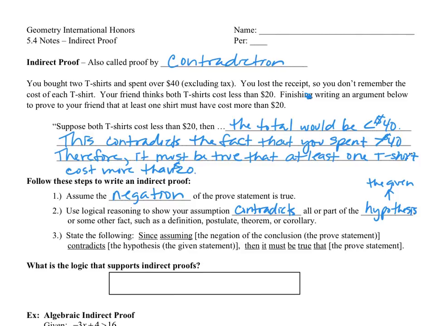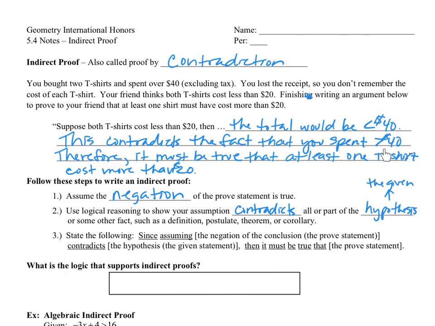So we'll look at an example here in just a second, but we can kind of see in our t-shirt example what happened. We assume the negation of the proof statement. We want to prove that at least one shirt cost more than $20. So we negated that. We said, suppose both t-shirts cost less than $20. Then we showed that that led to a contradiction of a fact that we knew to be true.